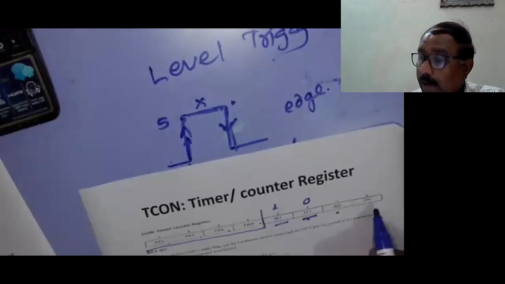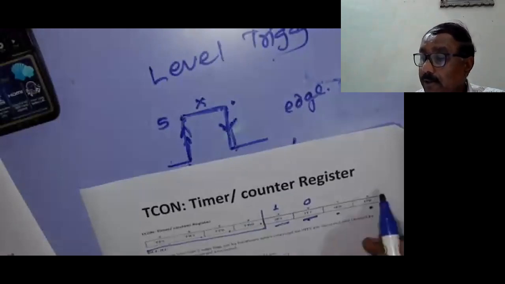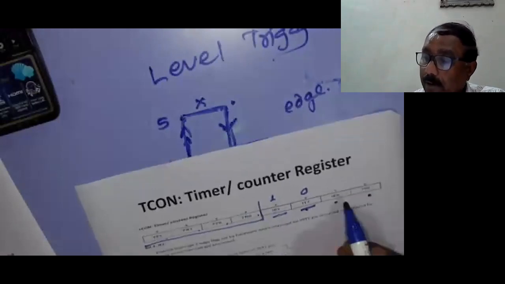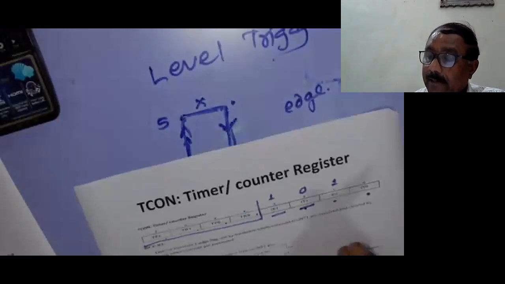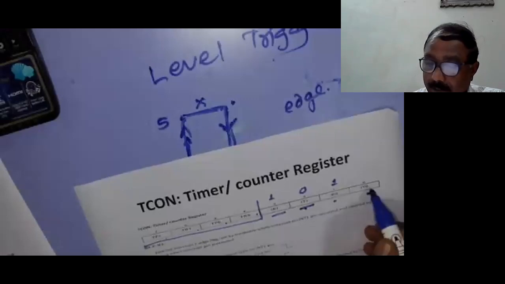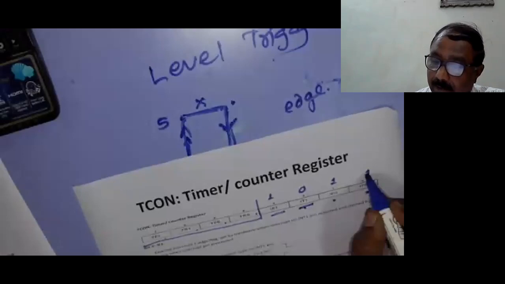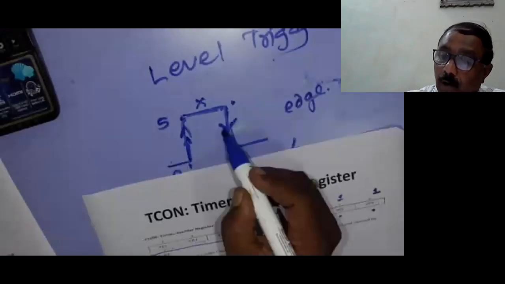Now IE0 and IT0, these two bits are used for external interrupt number 0. IE0 automatically becomes 1 when an external interrupt appears at the INT0 pin. And what is the purpose of IT0? If we keep IT0 equal to 1, the interrupt will be set to the falling edge.